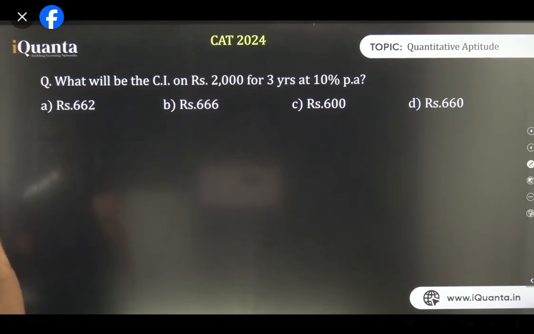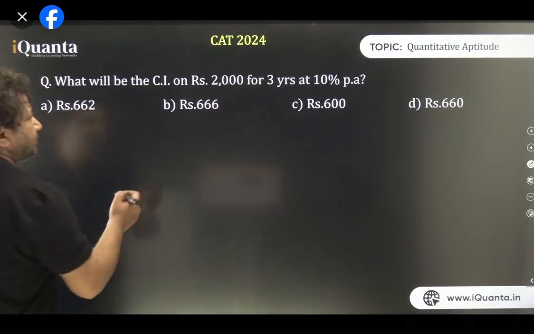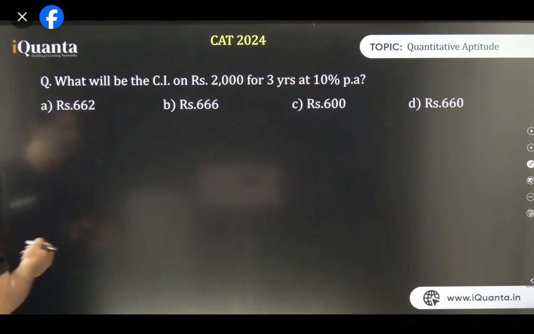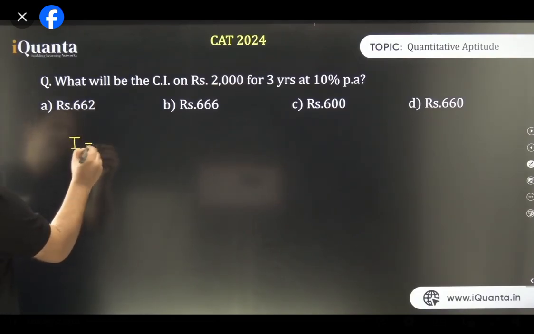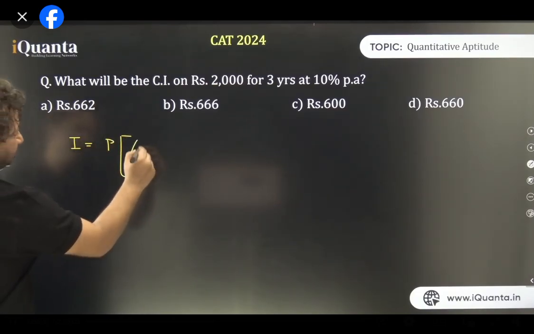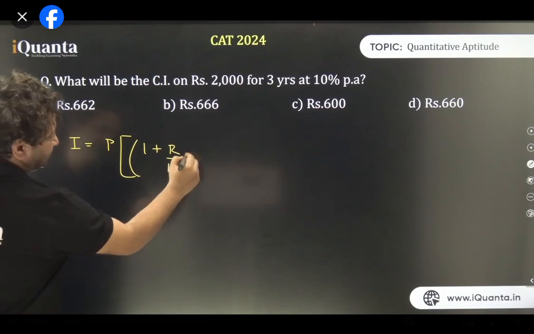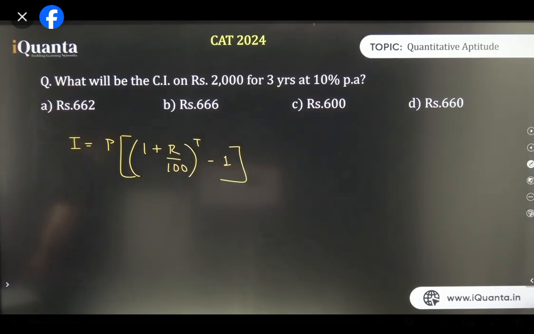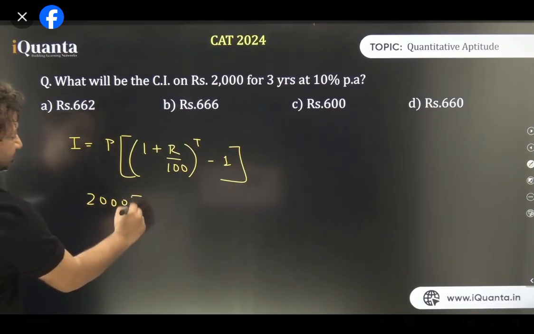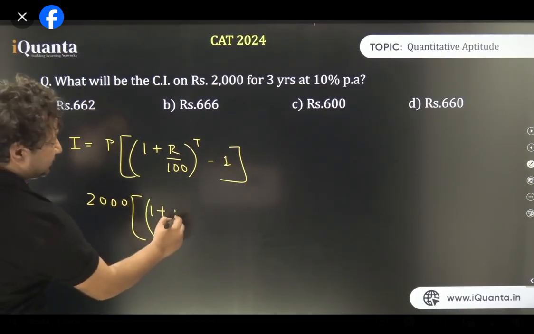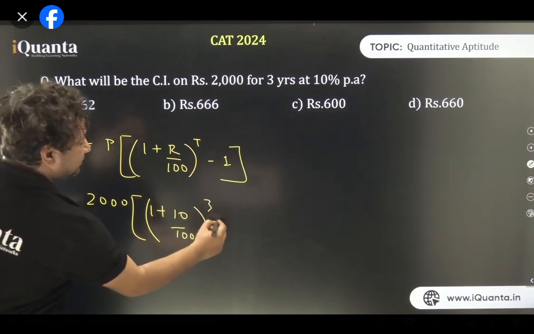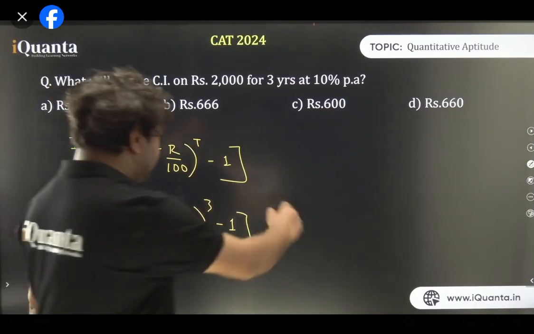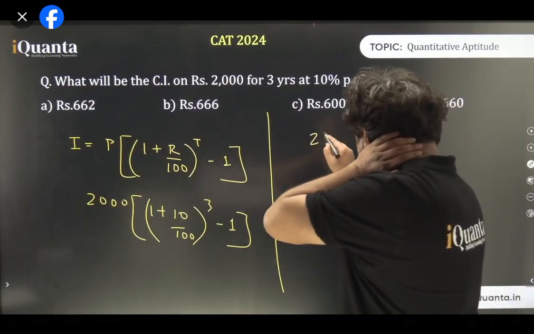Coming to that question. CI on rupees 2,000 for 3 years at 10% per annum. The formula for CI was, if you remember, this. Put the principal here, that is 2,000. Rate is 10%. Time is 3 years. Let us calculate this and we'll get the answer. So 2,000 is here.